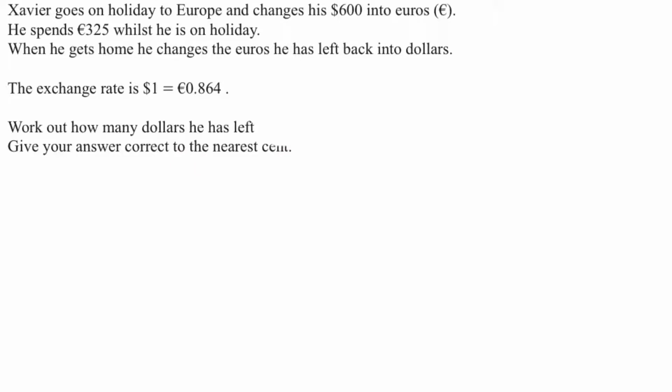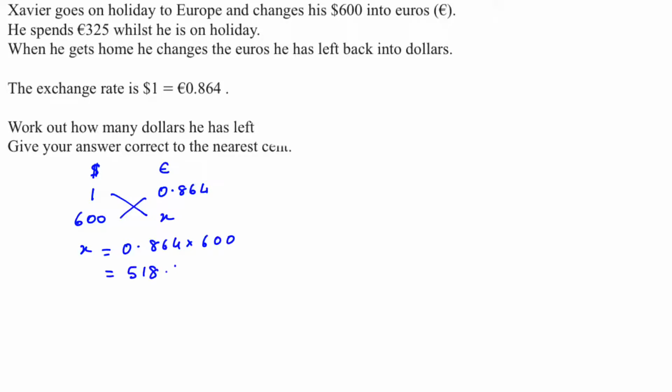So the first thing is, whenever you have a question like this, write down the currency that you need to find, dollar and euro, correct? $1 is equal to 0.864. Therefore, $600 is equal to how many euros? Cross multiply. X multiplied by 1 is x, and 0.864 times 600 is 518.4.